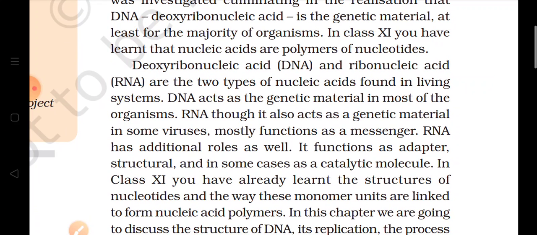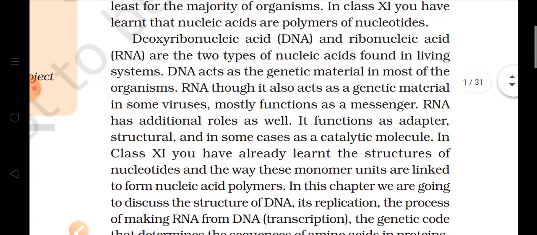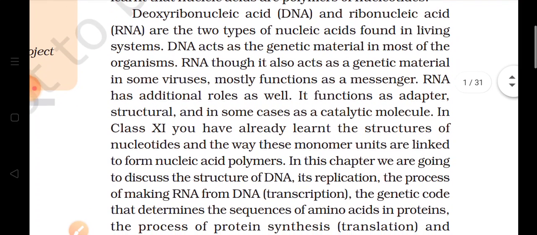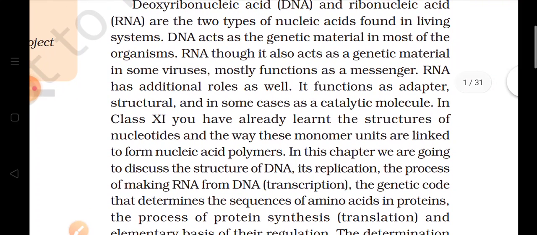Now, what is a nucleotide? We have studied that DNA is a kind of nucleic acid, and this DNA is made of nucleotides. So we will study the structure of a nucleotide, because these nucleotides, which are called monomers, will form the nucleic acid, which is called a polymer.